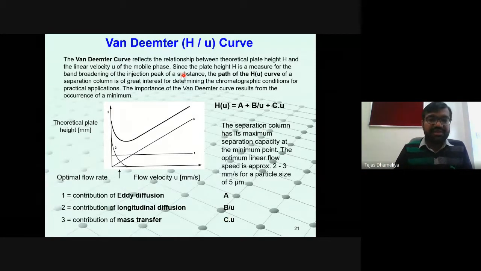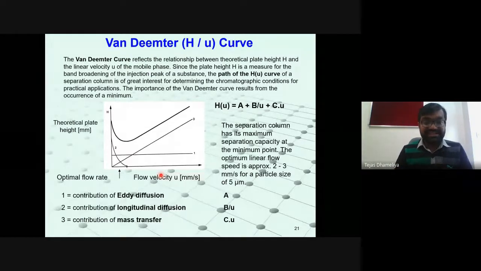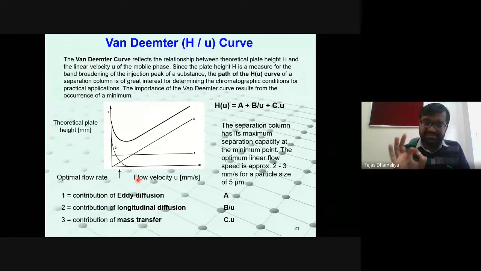And this is actually the behavior of three different plots, 1, 2, and 3, where 1 is your eddy diffusion factor. You can see the eddy diffusion factor is independent of the velocity in millimeter per second. Height equivalent to theoretical plate. The eddy diffusion factor is independent of the rate of the mobile phase. The x-axis is nothing but your velocity, u. What is the distance traveled by some solute in some specific amount of time, that is called the velocity.